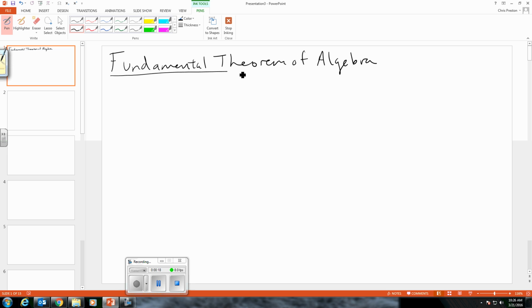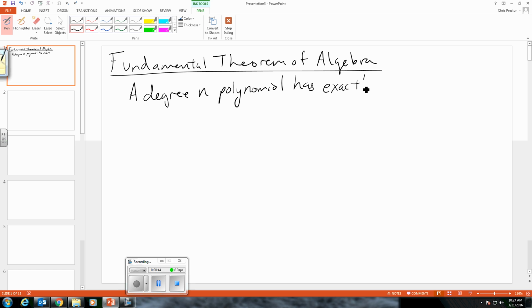And what this says is a degree n polynomial, some like third degree polynomial, fourth degree polynomial, fifth degree polynomial, degree n polynomial, has exactly n zeros and n linear factors.